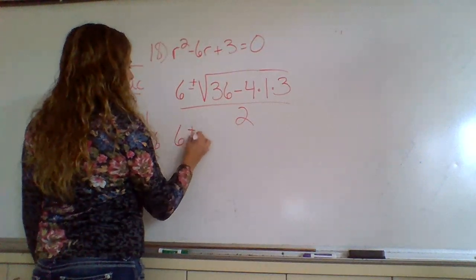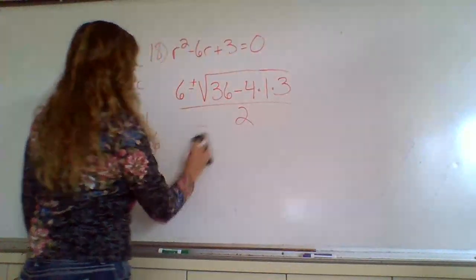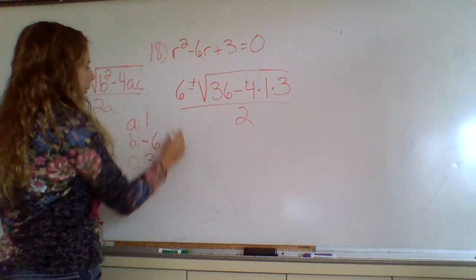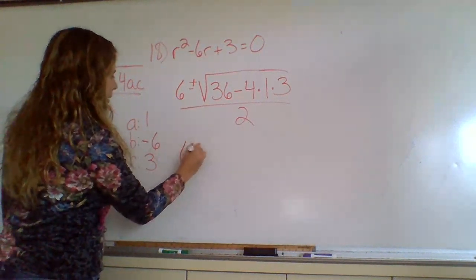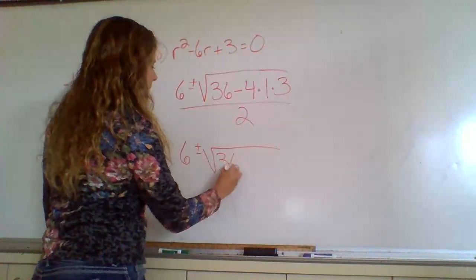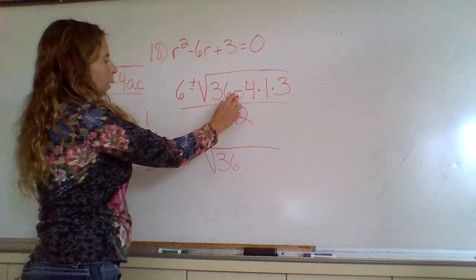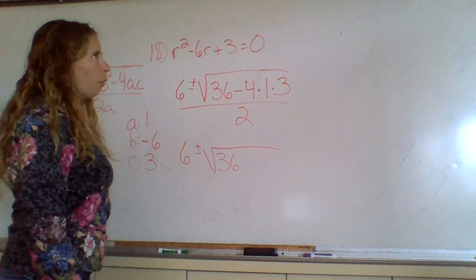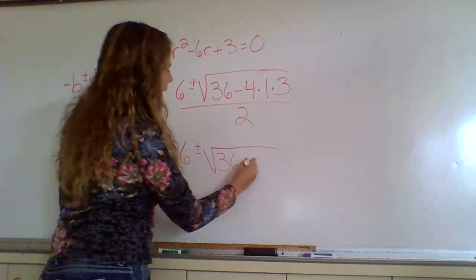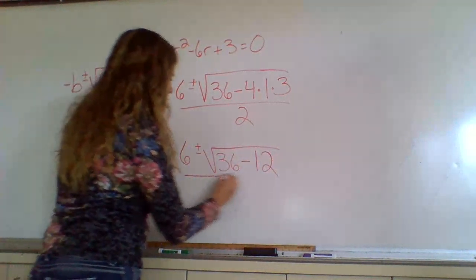6 plus or minus. Oh, let me move this down a little bit. So that was step 1. Well, really, this was step 1. So I guess this is step 2. Then you have 6 plus or minus 36. And then multiply these 3 numbers together. So I have negative 4 times 1, which is negative 4, times 3. Negative 4 times 3 is negative 12, all over 2.